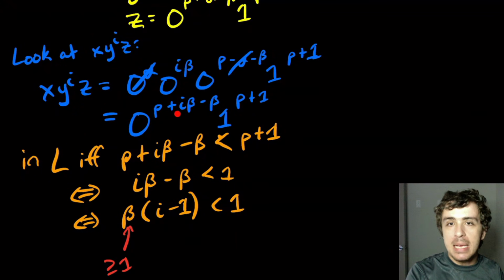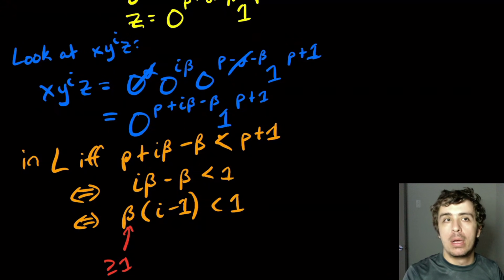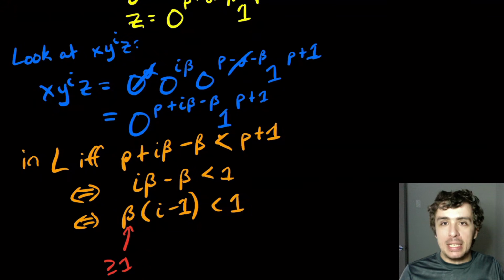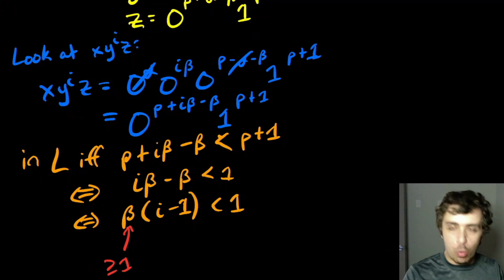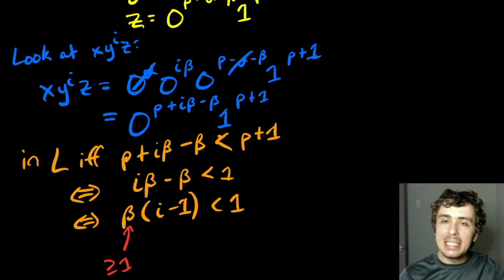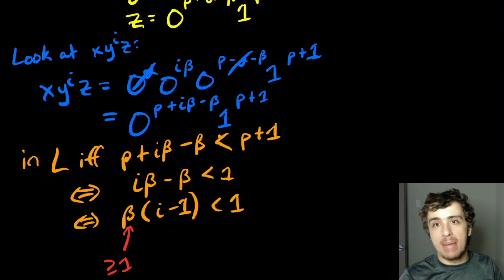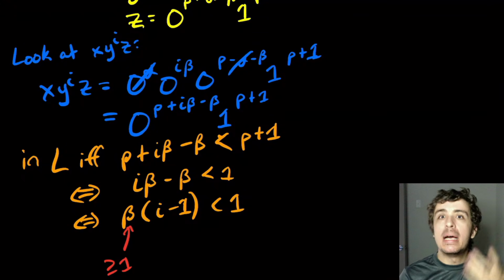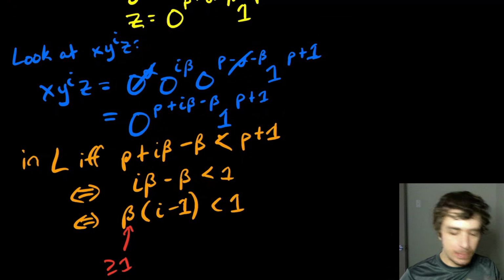And so we would have P plus beta, and then P plus 1. We don't know what beta actually is, but we know that it's at least 1. So that means that the number of zeros is at least as many as the number of 1s. It might be more than the number of 1s, but it cannot be strictly less.